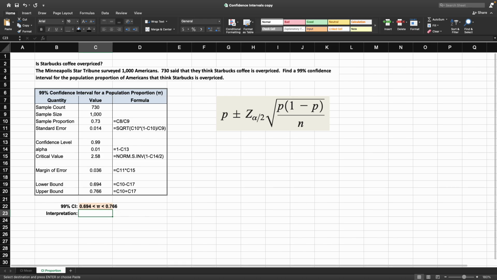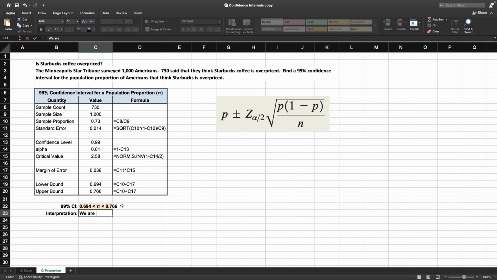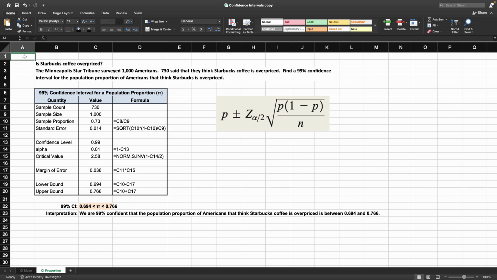If we were to interpret this, we would say we are 99% confident that the population proportion of Americans that think Starbucks coffee is overpriced is between 0.694 and 0.766. And that's our confidence interval for the proportion.